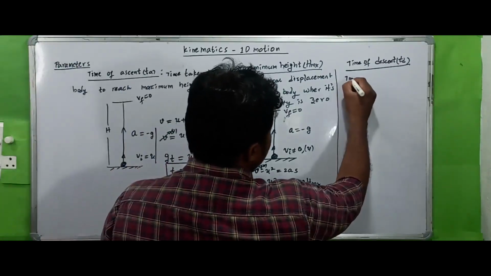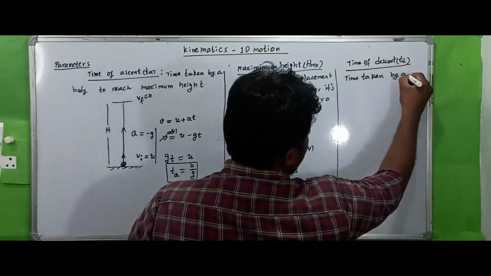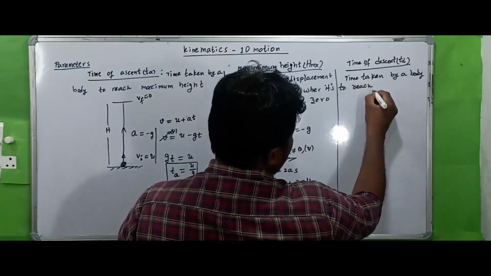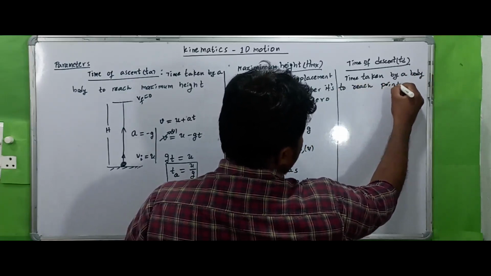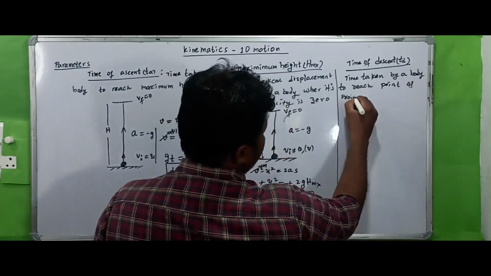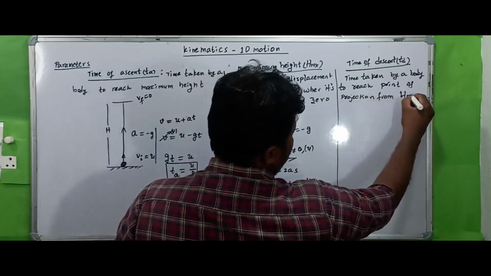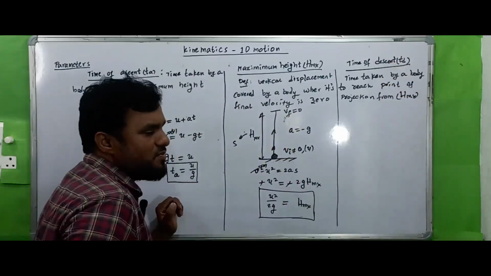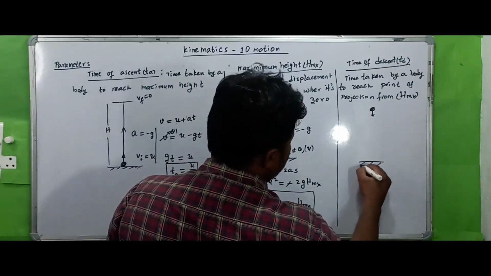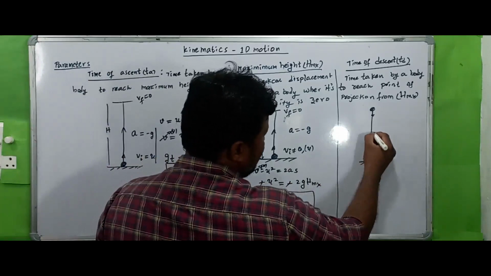Time taken by a body to reach the point of projection, that is the ground surface only, from h maximum. So this is the situation, the body coming downward from maximum height towards the ground.